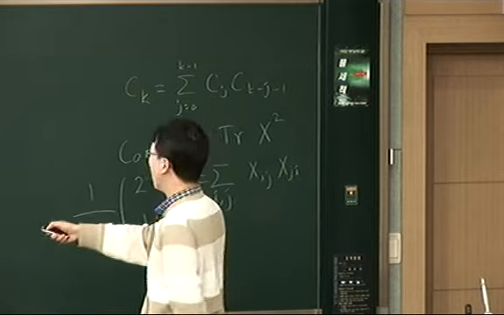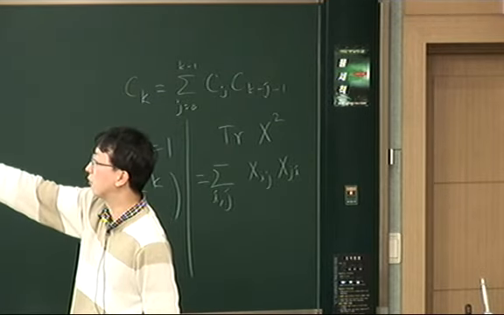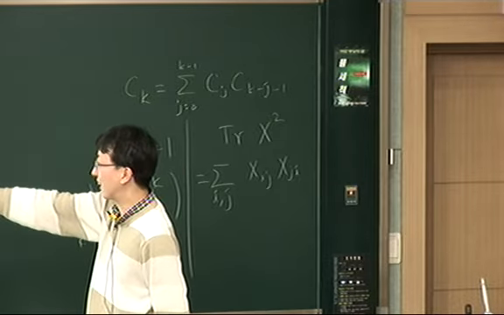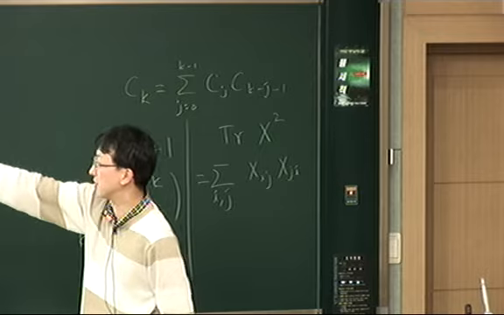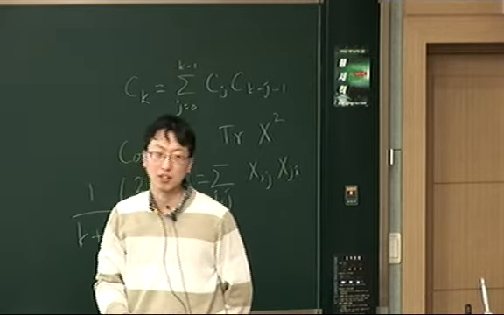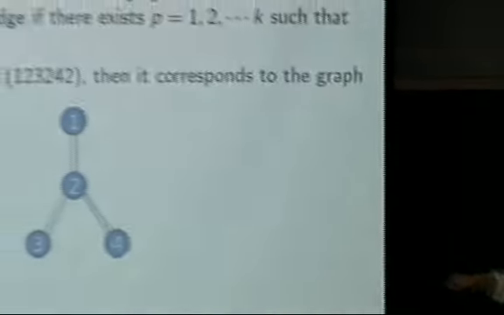So for example, for i1 through ik, if we have 1, 2, 3, 2, 4, 2, and I omit this 1 because i1 is always the same as this one, then we first make 4 vertices, 1, 2, 3, and 4.